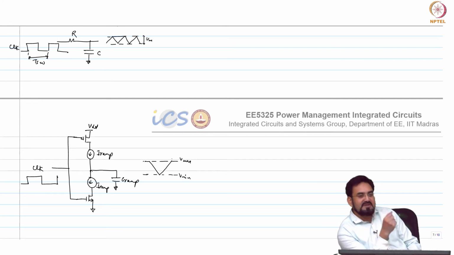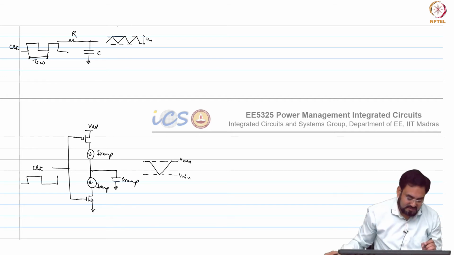If you have a mismatch between the current, let us say delta I, and delta I you are dumping into a capacitor or drawing or charging the capacitor. So, you are integrating delta I, plus or minus delta I. So, it will integrate and saturate. It will either go to 0 or go to VDD, because you have an integrator. Your capacitor is nothing but an integrator, it is a current integrator. So, any mismatch between these currents will get integrated and will saturate your output.